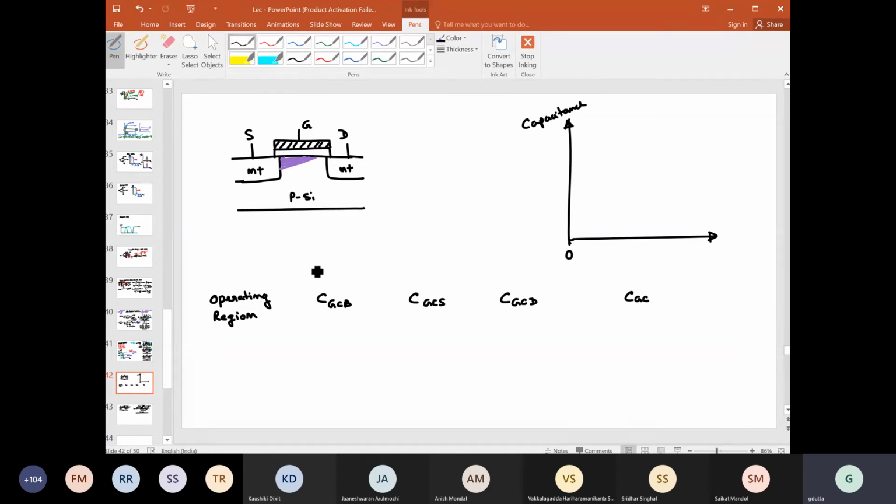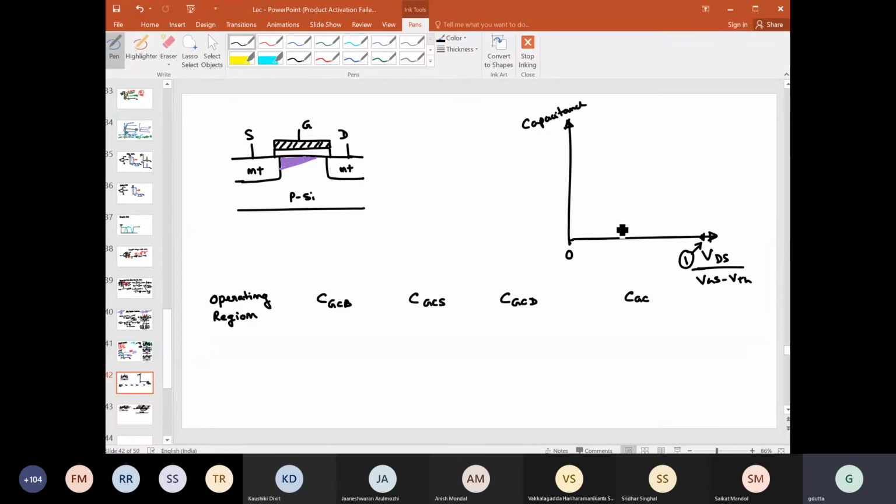And here, if we have to plot the channel capacitance with VDS, for easier analysis we are making the axis VGS minus VTH, the overdrive, as 1.